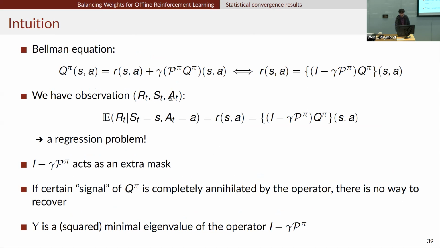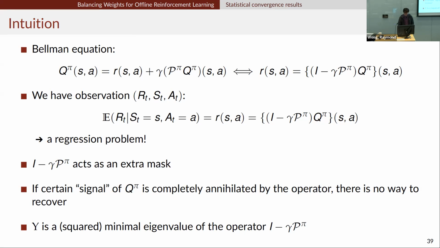We have observations R_T, S_T, A_T, and of course the conditional expectation, which is the reward function, can be estimated by a regression problem, right? By regression. So in other words, we can estimate the left-hand side from the data while we're interested in Q. So this operator stands in our way, okay?